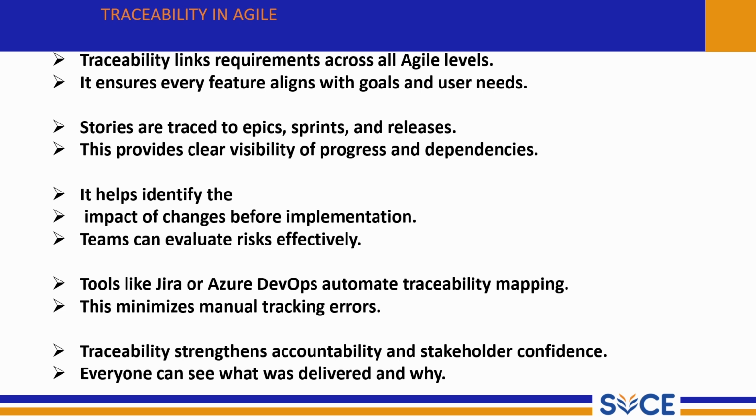They minimize manual tracking errors. Since traceability is handled by the software tools, it reduces human mistakes. Teams don't have to manually maintain the documents, which saves time and avoids confusion.